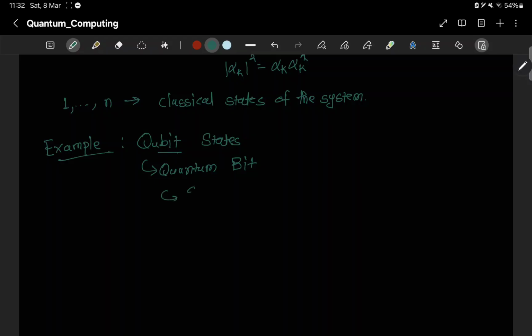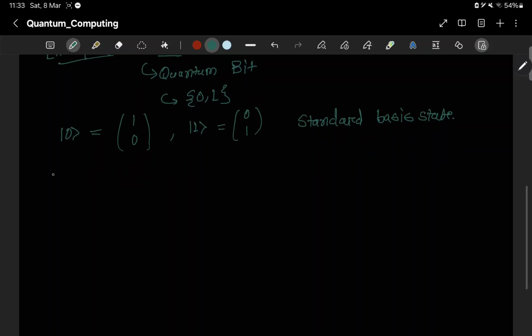So it also has two classical states, 0 and 1, and it can be in a quantum state also. Similar to the classical example, we'll represent the 0 state as ket 0, which is (1, 0), and the 1 state as ket 1, which is (0, 1). So these are the standard basis states.